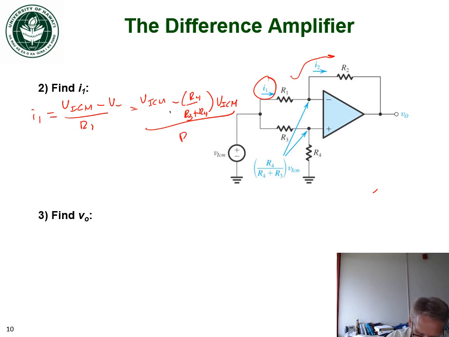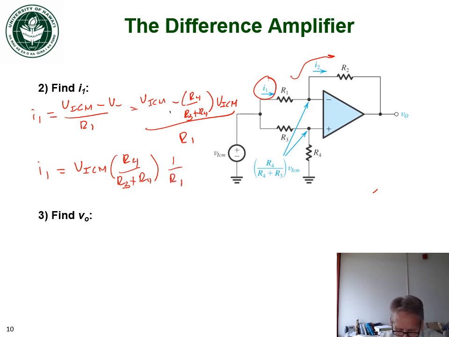Or in other words, I1 is equal to V input common mode times R4 over R3 plus R4 times 1 over R1.